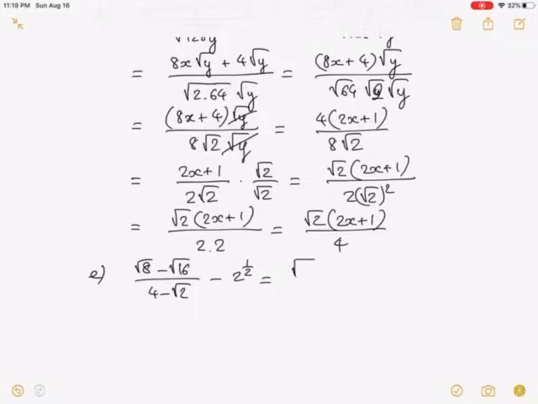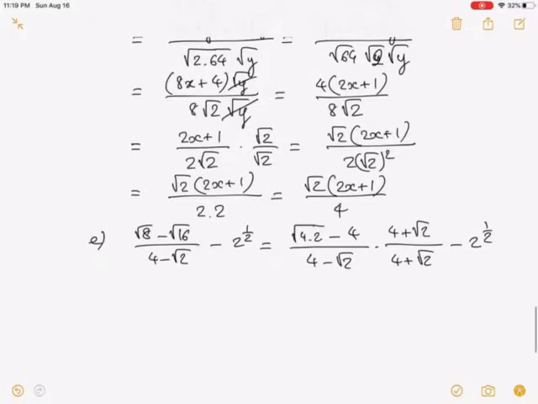This is, we could write it as square root of 4 times 2 minus 4 over 4 minus square root of 2, and multiply with the conjugate 4 plus square root of 2, 4 plus square root of 2, minus 2 to the power of a half.